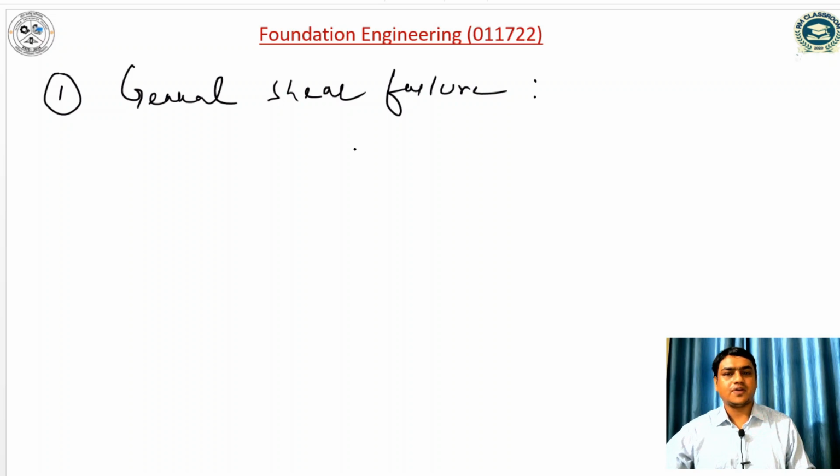This type of shear failure occurs in dense sand, so the relative density is greater than 70% and the angle of internal friction is greater than 36 degrees. Similarly, failure is accompanied by tilting of the footing, and there is a sudden failure. That's why the stress strain curve or load settlement curve of this type of shear failure is brittle in nature, and it has a well defined failure surface.